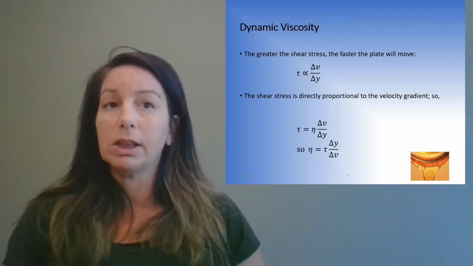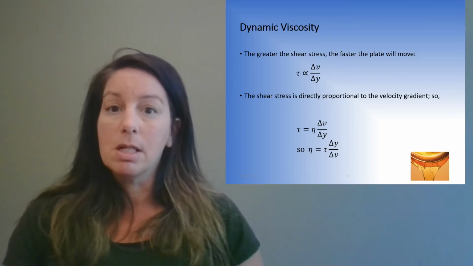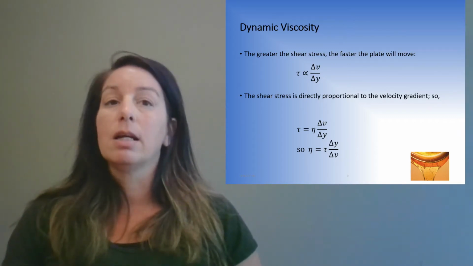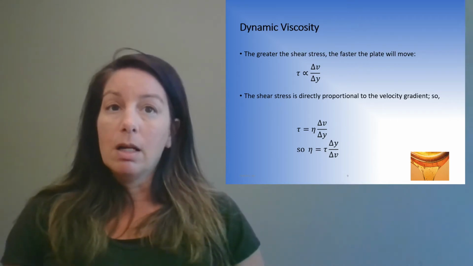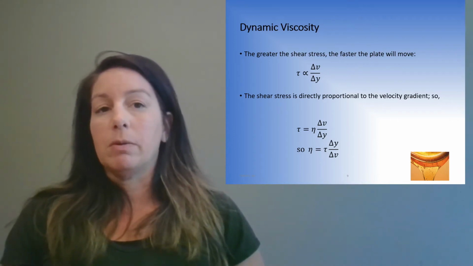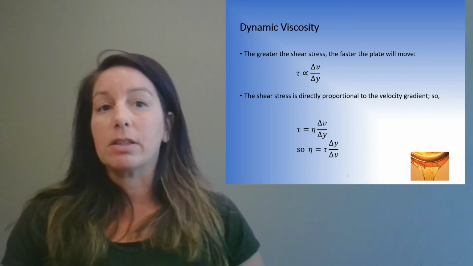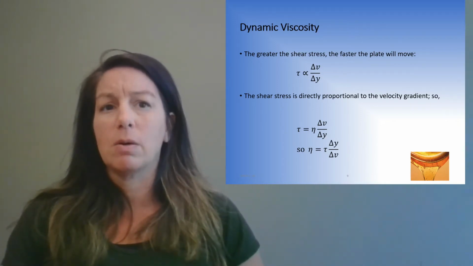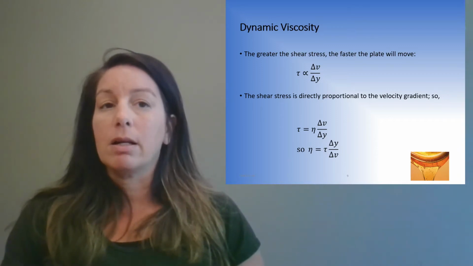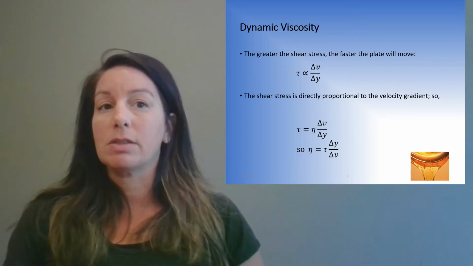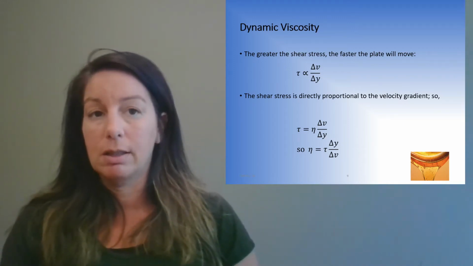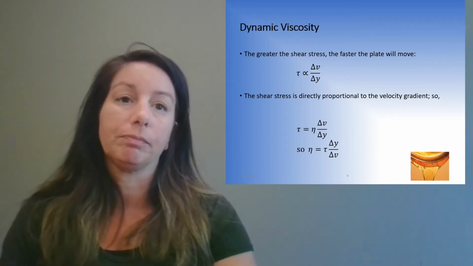So the shear stress is directly proportional to the change in velocity over the change in height, so this velocity gradient. So we got this little factor that we usually call eta, so tau equals eta times the velocity gradient, change in velocity over change in height. So just rearranging it, same equation.